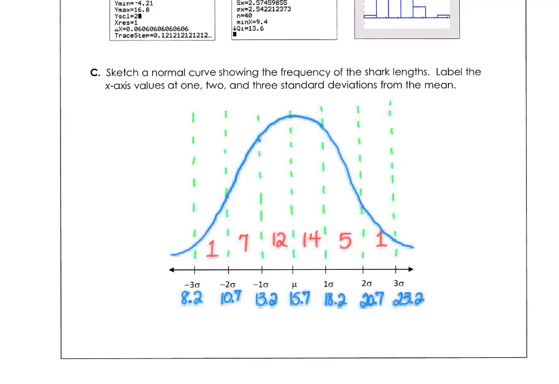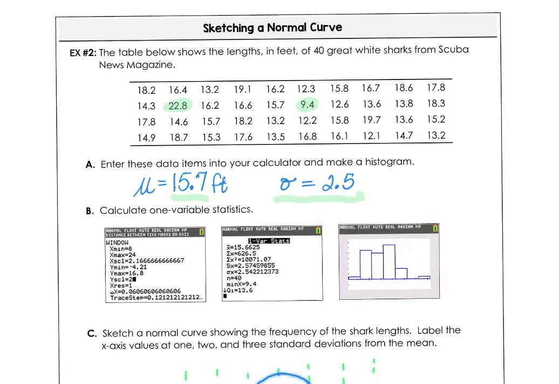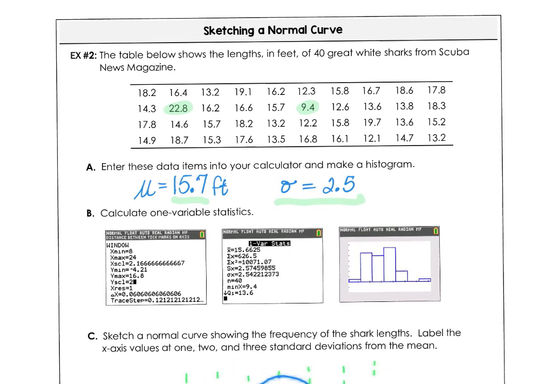So without spending a lot of time in the video, what I did was go back to that table and use all of that information, highlighting very carefully each category. For example, in the middle, 15.7 to 18.2, I had these data points.